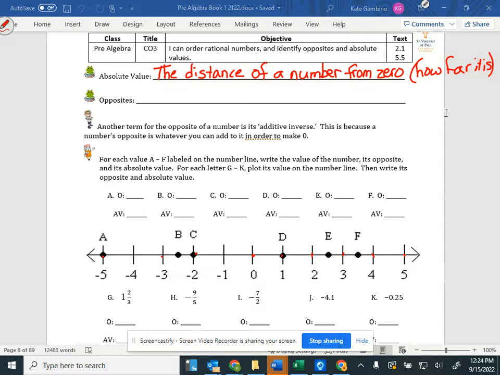Then we have opposites. Opposites are numbers that are the same distance from 0.